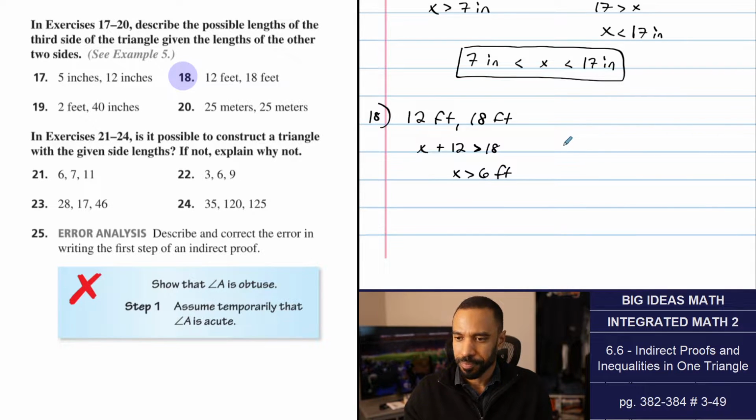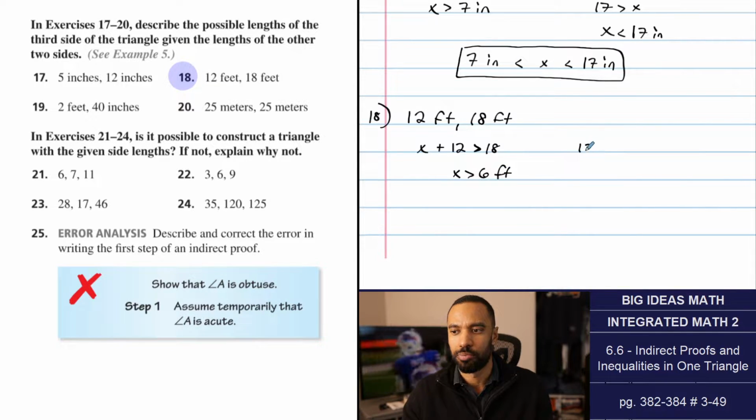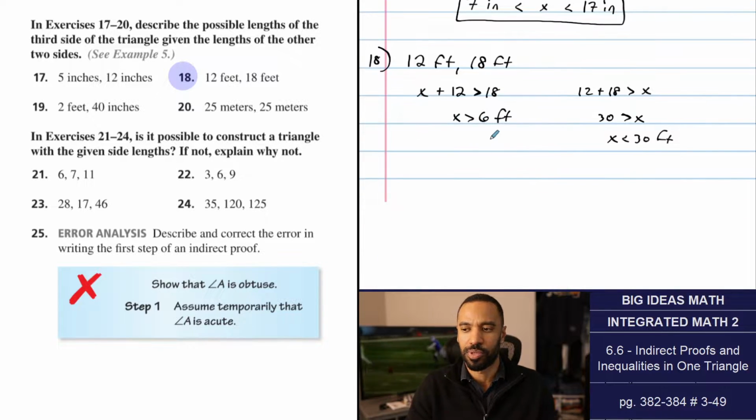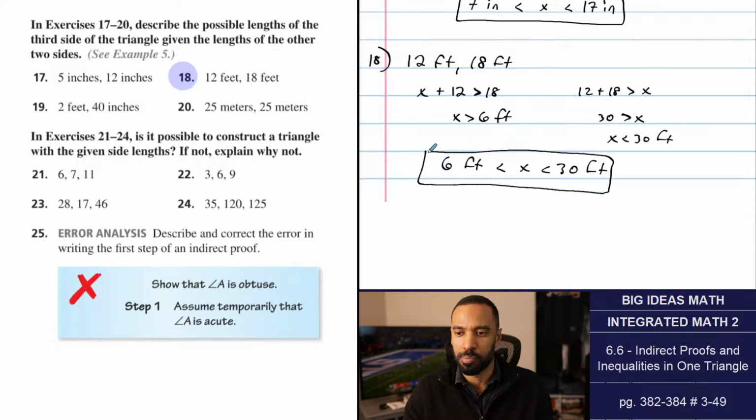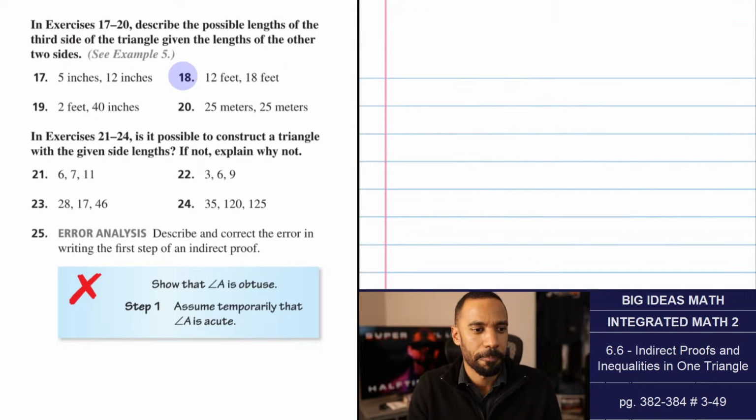In the other case, 12 plus 18 has to be greater than X, so 30 has to be greater than X, or X has to be less than 30 feet. X has to be somewhere between 6 and 30 feet. That's a pretty good range to be between. You can still make a triangle for anything there.